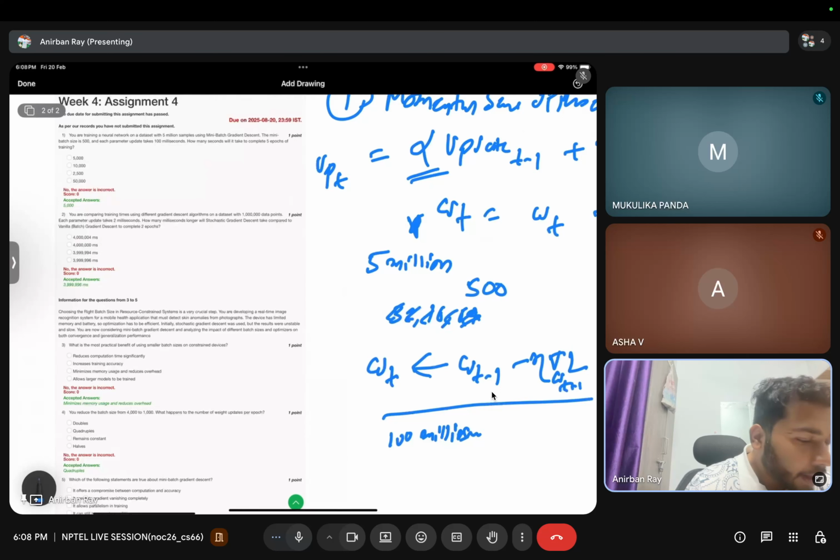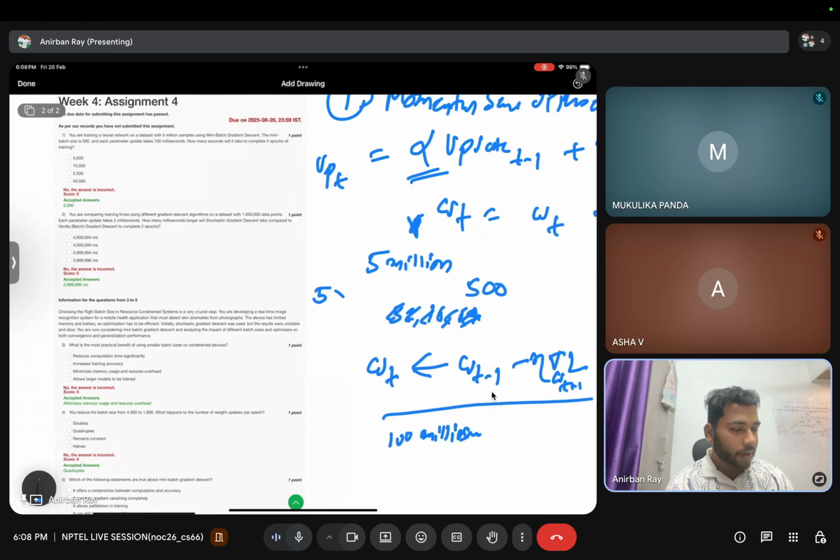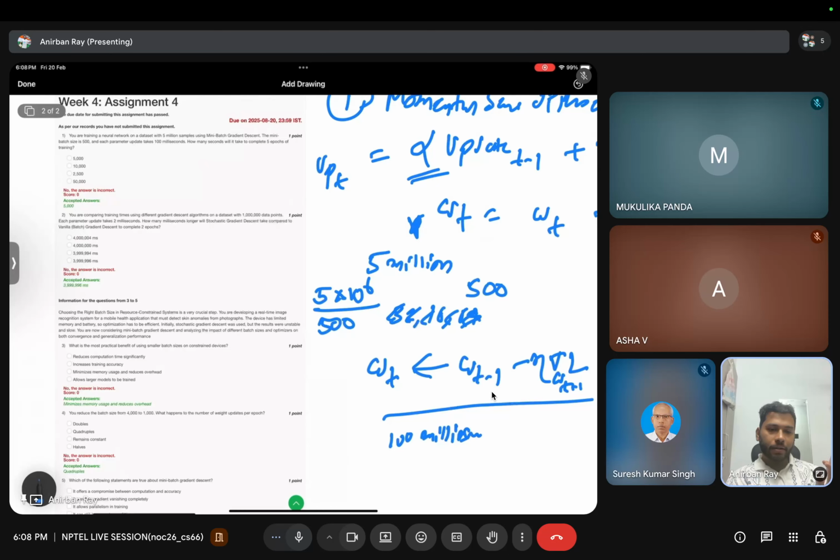Now, there are 5 million samples, which is 5 into 10 to the power 6, and the batch size is 500. So how many gradient updates are actually required? For each batch, the gradient update happens only once.